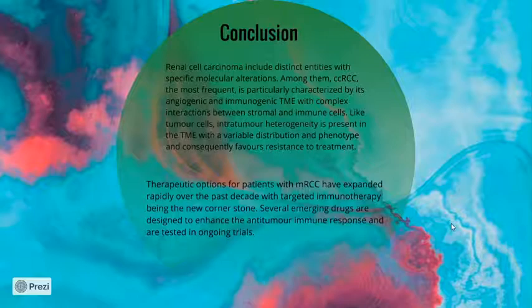Therapeutic options for patients with mRCC have expanded rapidly over the past decade, with targeted immunotherapy being the new cornerstone. Several emerging drugs are designed to enhance the anti-tumor immune response and are being tested in ongoing trials.